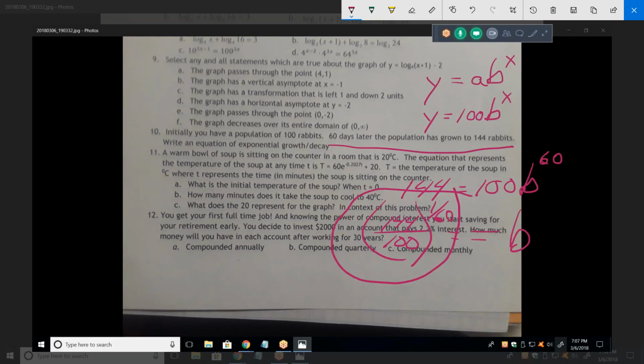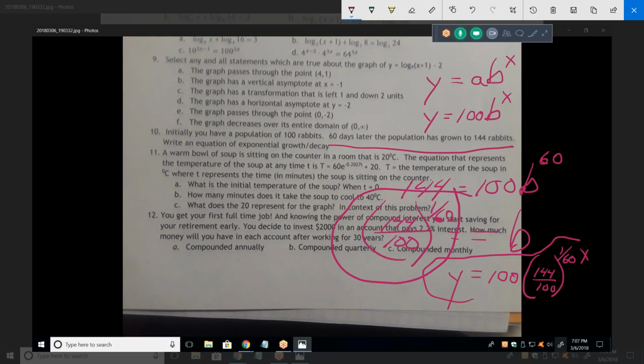Although I almost prefer, since they said write the equation, let's just write the equation using that. So the equation is going to be this. In other words, your final equation always has an X and a Y in it.